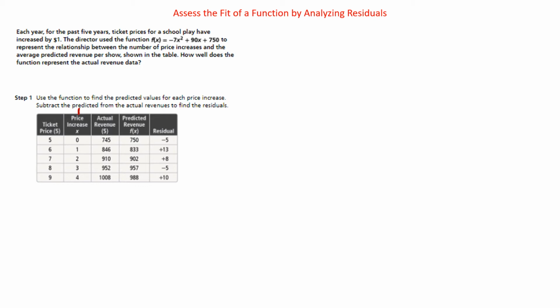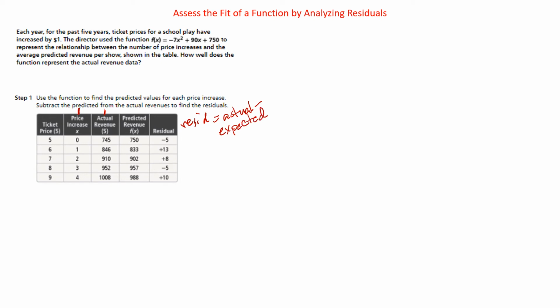Now the actual revenue, and this is the table values, this is what actually happened. From there, we can find the residuals. The residuals is going to be the actual minus the expected or predicted.